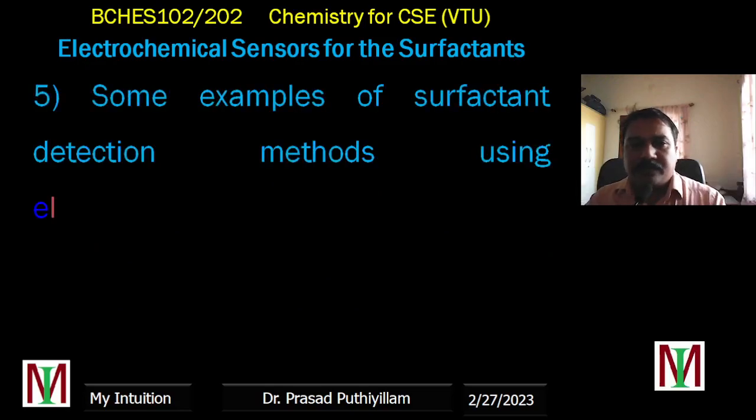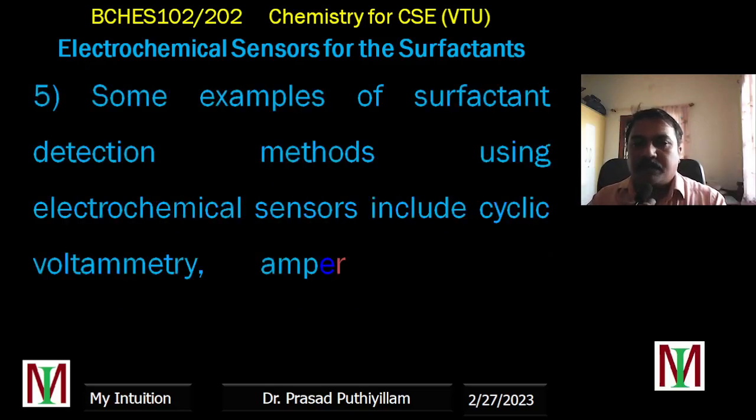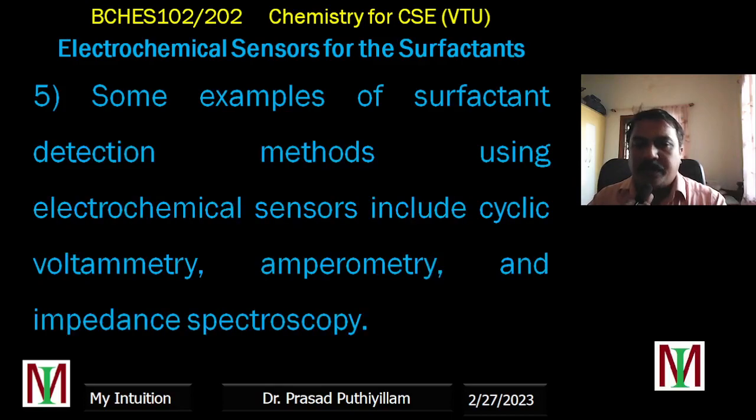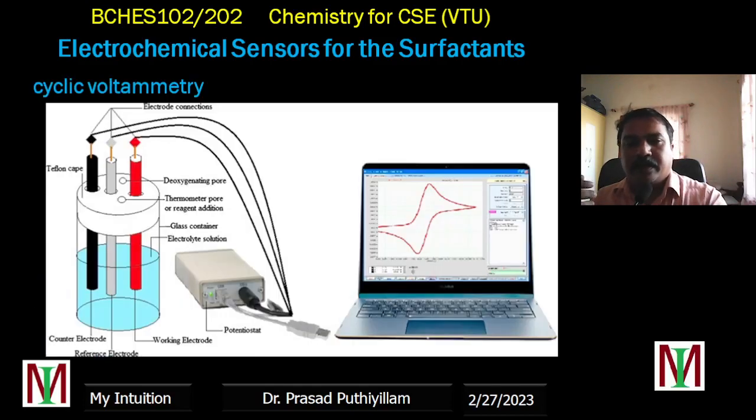Some examples of surfactant detection methods using electrochemical sensors include cyclic voltammetry, amperometry, and impedance spectroscopy. Based on what we measure, either volt is measured, or ampere is measured, or the impedance is measured. Based on that, we can have different types. Only the schematic diagram is given here. Cyclic voltammetry, the schematic working, has a counter electrode, a reference electrode, and a working electrode.